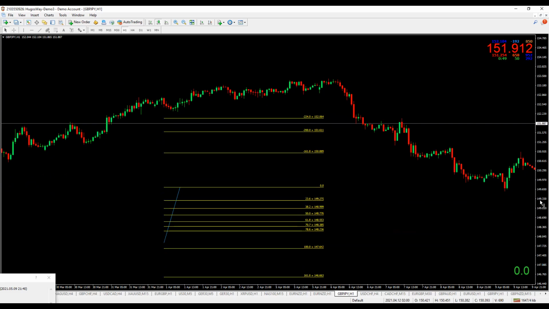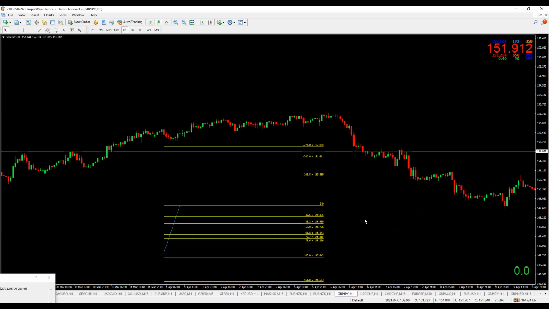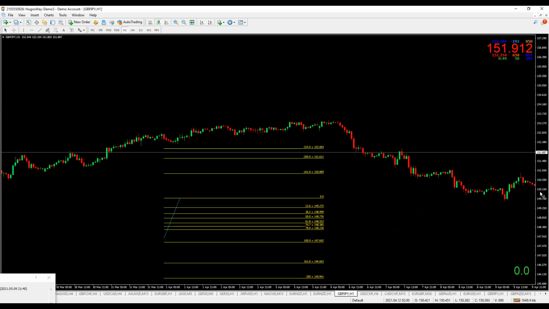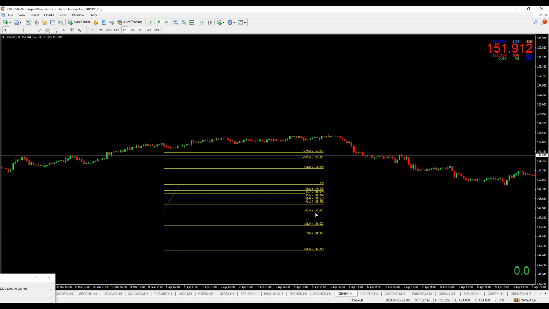We have what we are used to when it comes to Fibonacci levels from 0 to 100. If the levels continue down this way, obviously the numbers are going to be increasing from 100. If we had 120 there, 130, they will be there.